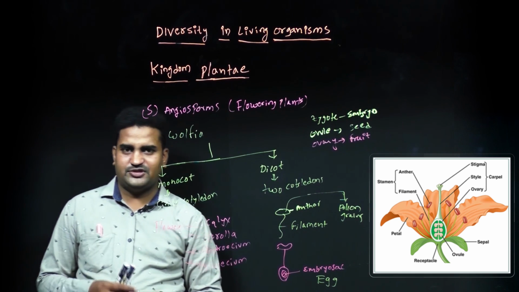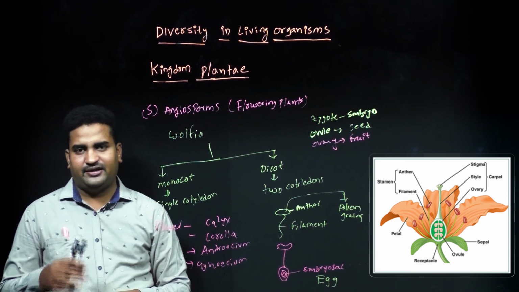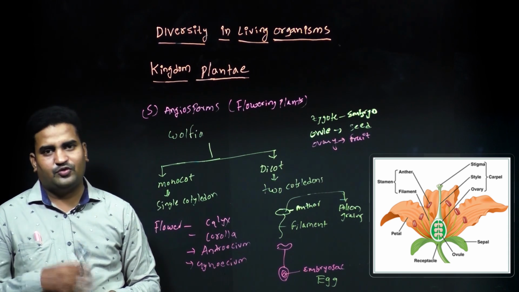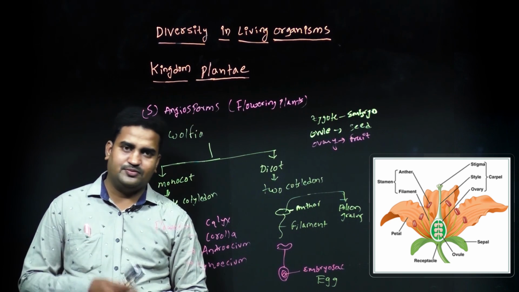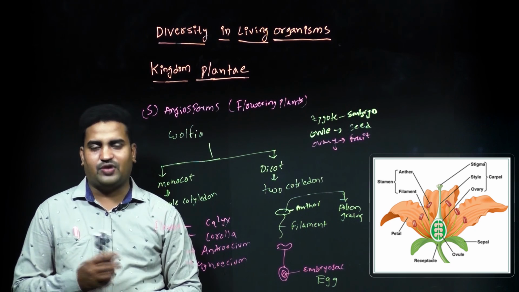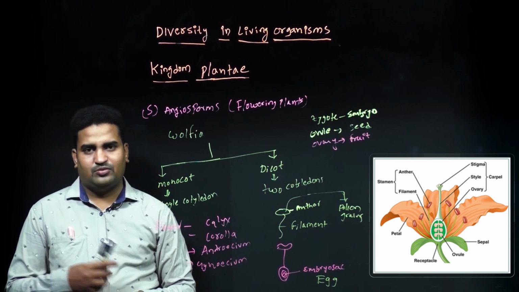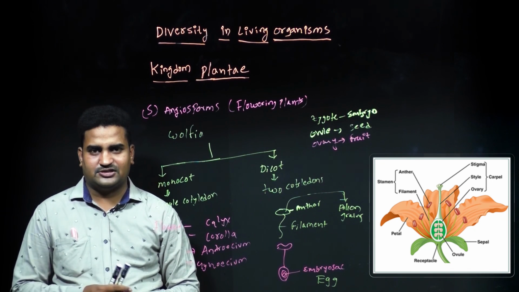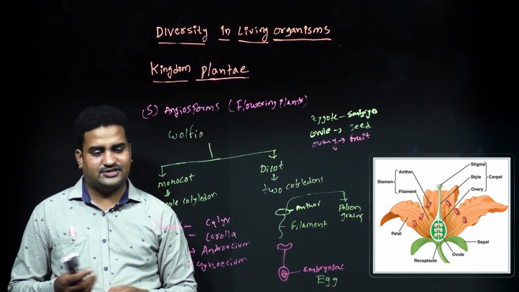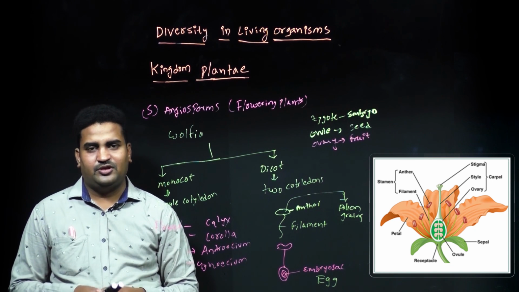And phanerogams produce the seeds. Gymnosperms bear naked seeds. Their seed is not covered by fruit wall. Angiosperms bear seeds and the seed is covered by fruit wall. Generally angiosperms are divided as monocots and dicots based on the cotyledons present in their seeds. So this is all about the kingdom Plantae.